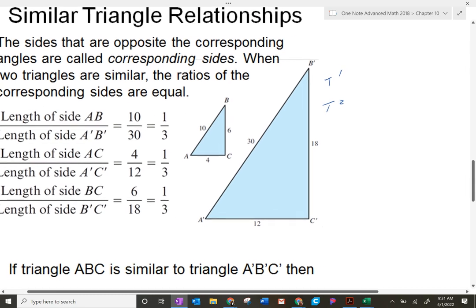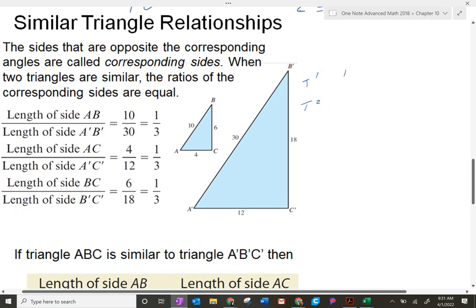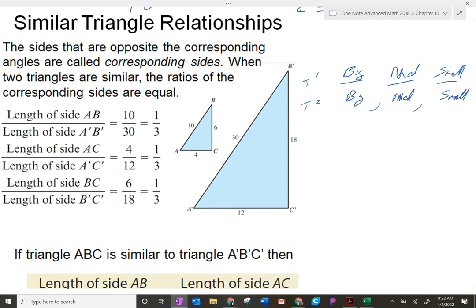With triangle 1 and triangle 2, I'm going to have the biggest side over the biggest, the medium over the medium, and then the smallest over the smallest. Okay, I gotcha. Thank you. Yep. And again, if every single ratio is the exact same, like these ones are all 1/3, 1/3, 1/3, if they are all going to be the same ratio, they are similar triangles.